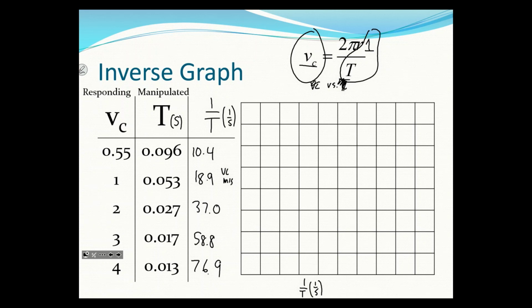So this isn't a VC versus t, this is a VC versus 1 over t graph. Our last one was VC versus t. So for our scale, we can keep our y the same, and we need to go up to 70, 77-ish. So if I just go up by tens, that's good enough. That'll use most of our graph.